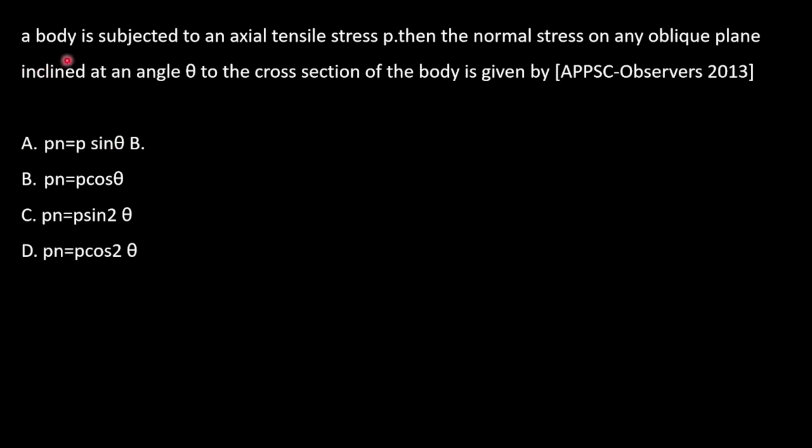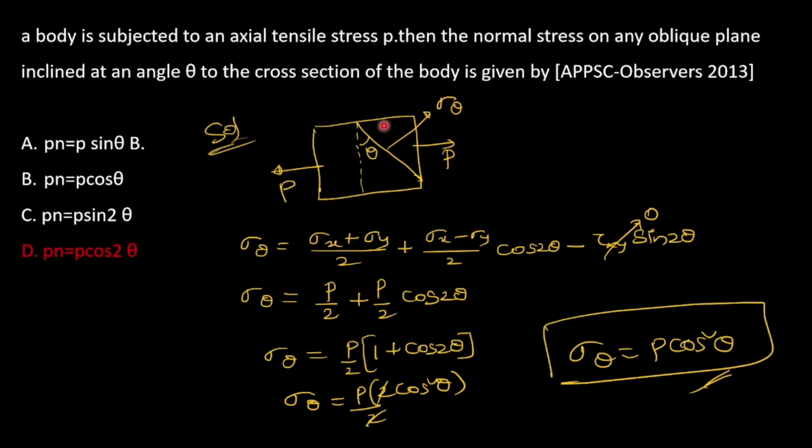Next question. A body is subjected to an axial tensile stress P, then the normal stress on any oblique plane inclined at an angle theta to the cross section of the body is given by. So he is asking sigma theta.